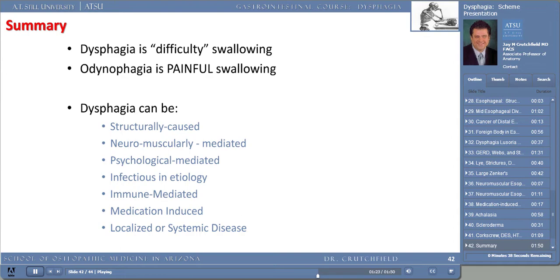You must be able to carefully distinguish between painful swallowing, difficulty swallowing, and disorders where the patient presents and can't breathe. That is a true emergency.